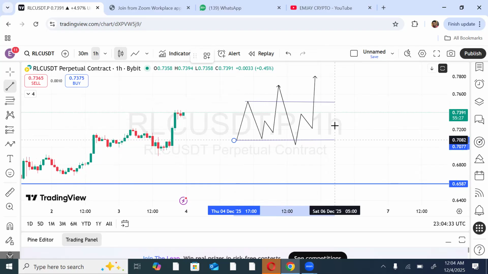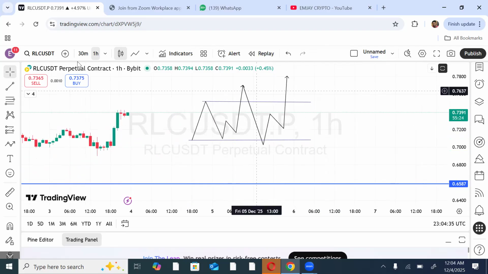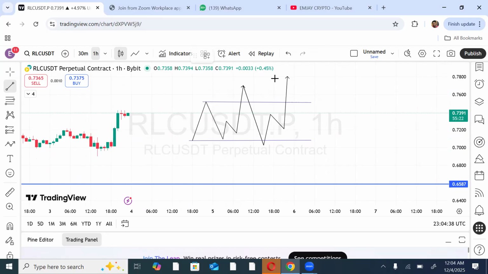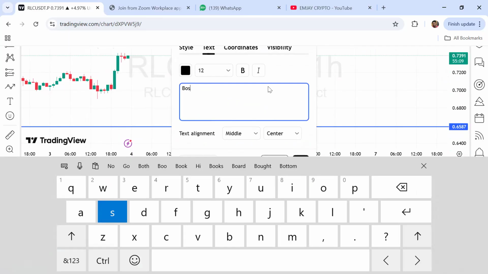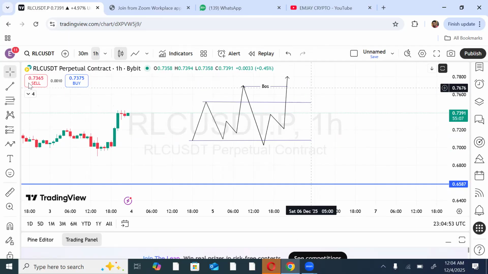Right? So the moment I see this frame up and get a new break of structure, I know my direction is bullish. Right? I know my direction is extremely bullish. So I'm going to mark this as BOS. Now I'm waiting for price to come down, maybe to a fair value gap, depending on what exactly price wants to do, or come back to this demand level and buy from there.